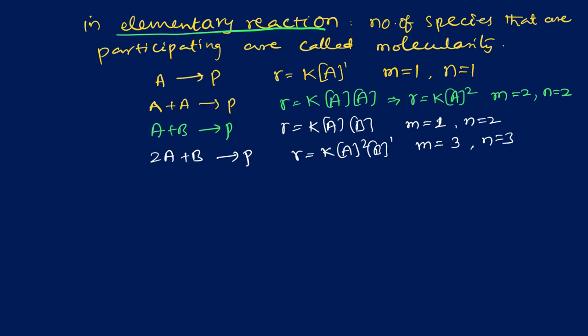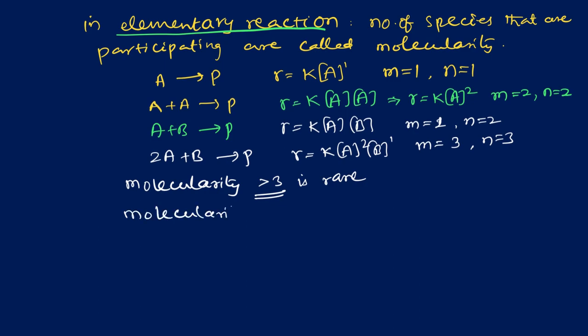Molecularity greater than 3 is rare. So you have to remember this. Molecularity is generally 1, 2, 3, but greater than 3 is rare.